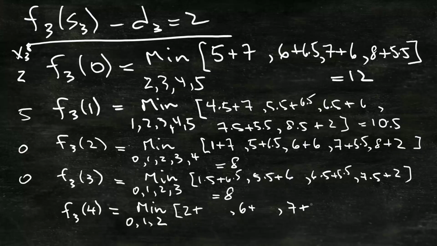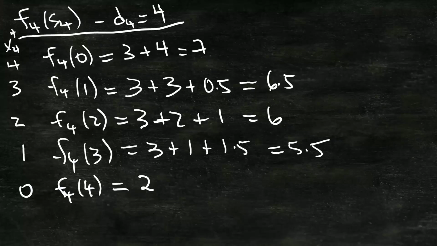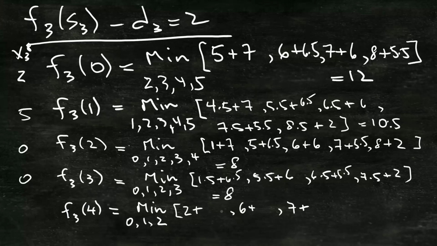And 7 plus. And if I produce 0, I will have 2 in inventory. 2 in inventory gives me 6, 5.5 and then 2. That gives me 8 versus 9. That gives me 8. And the optimum is to produce none.